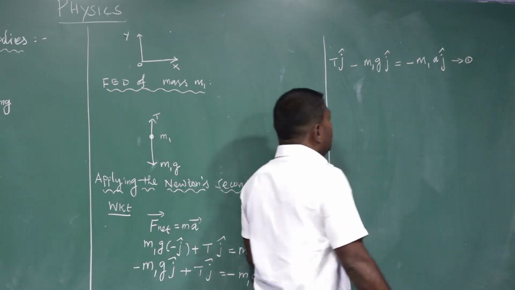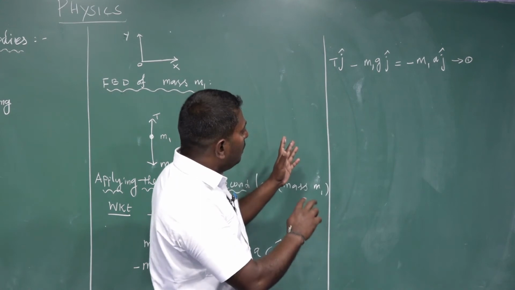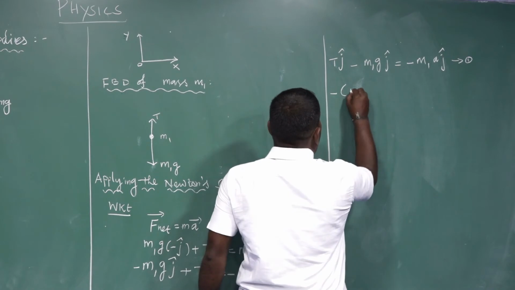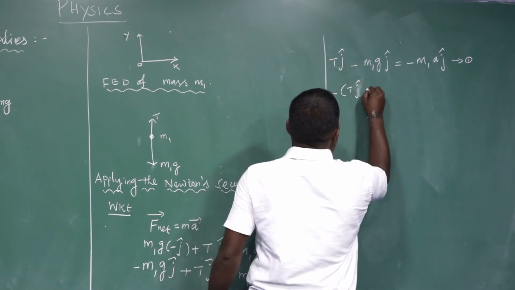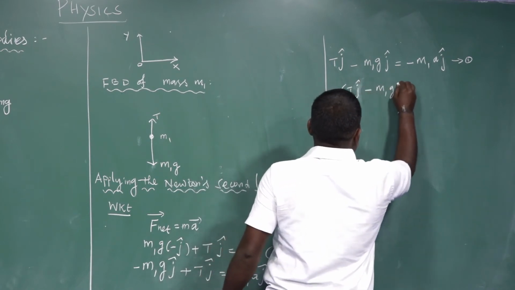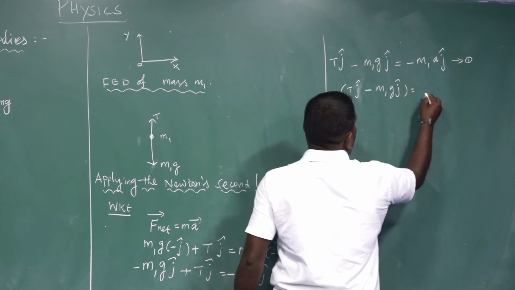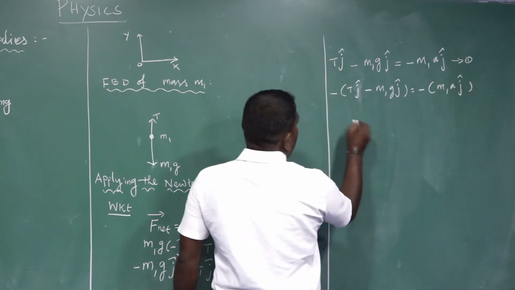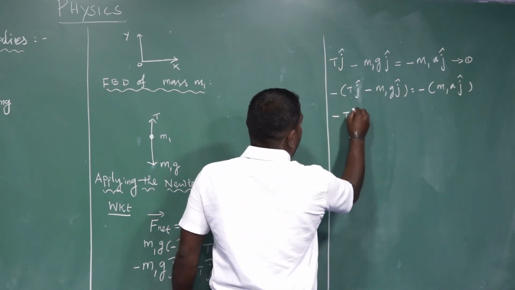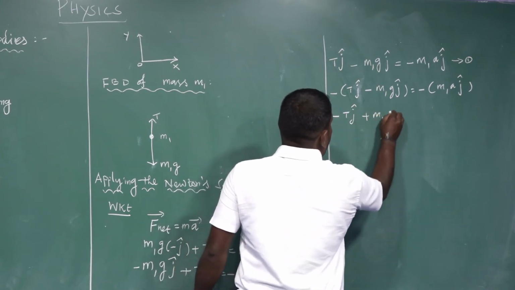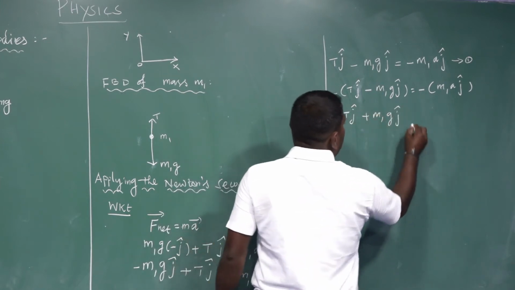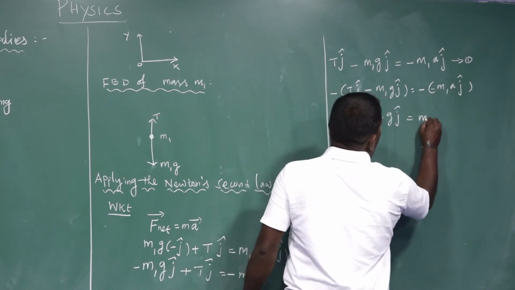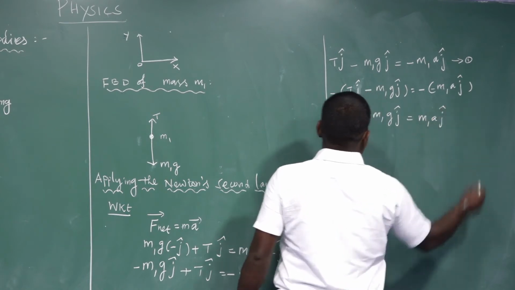Multiplying equation 1 by the negative sign on both sides, minus T j cap plus m1g j cap is equal to m1a j cap.